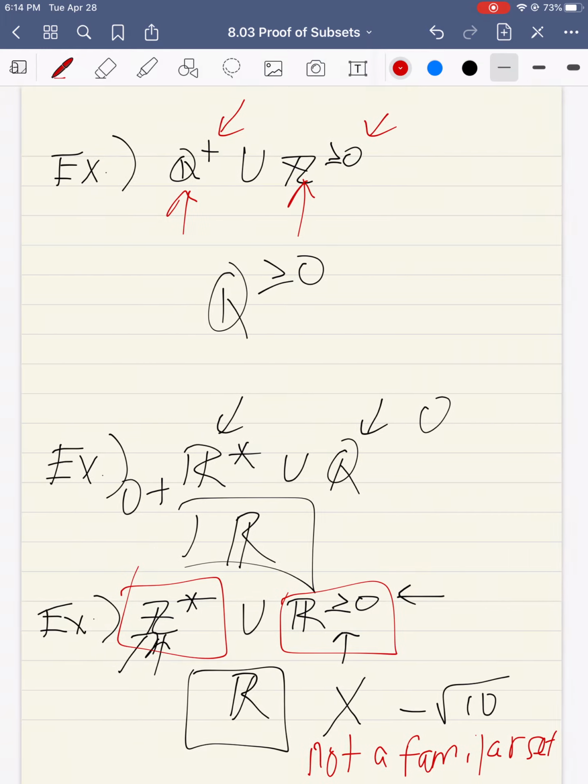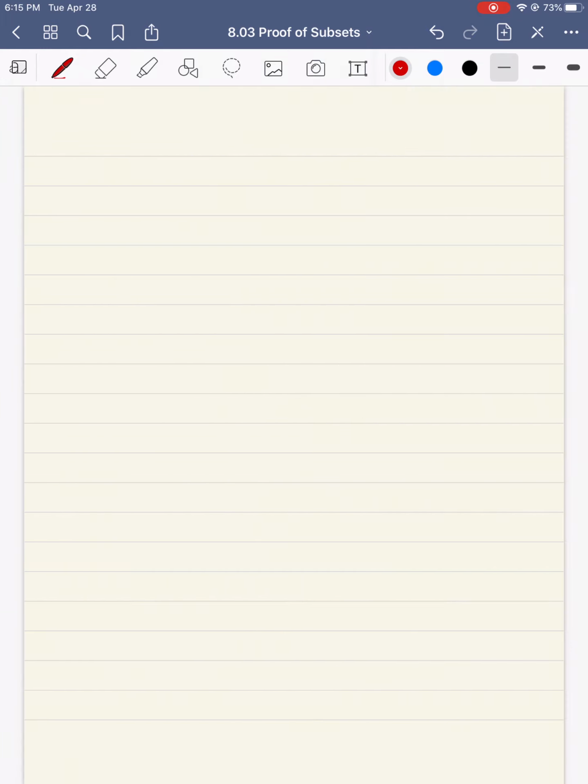So let's look at our first proof here. We start with, suppose U is the universal set.